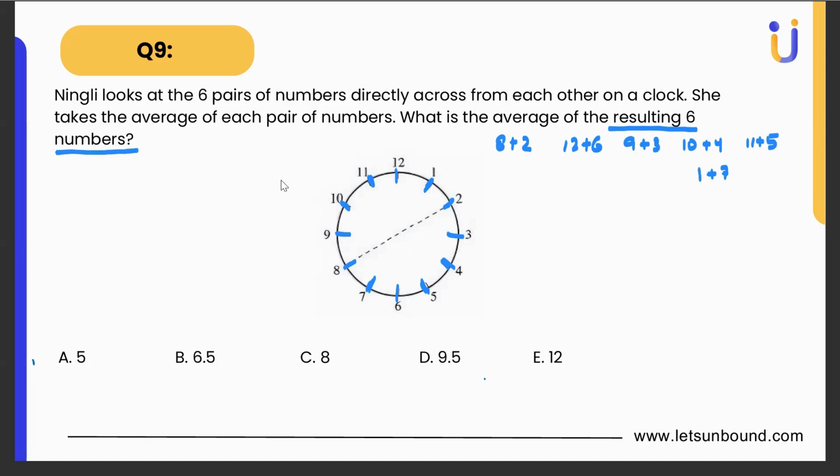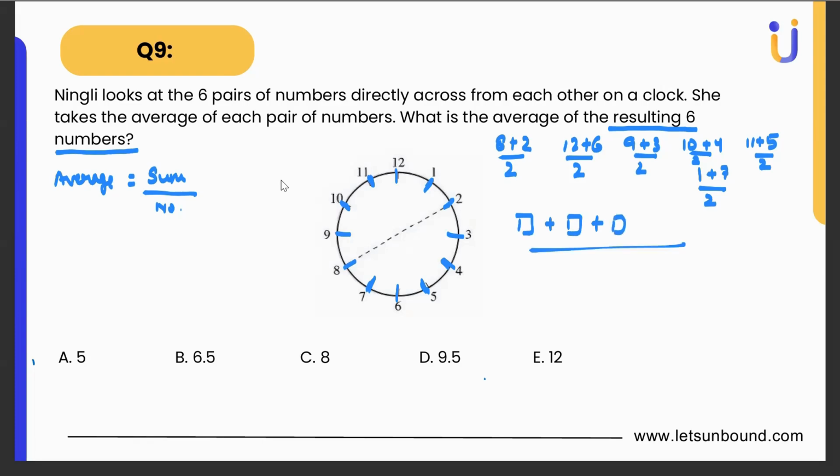The average formula you must know is the sum of the numbers divided by the number of terms that you are taking. In this case, because I'm taking the average of 2 numbers, I'll have to take each sum divided by 2, get my resulting numbers, and then again add all those 6 numbers that I get, and then divide it by 6. That would be my answer.